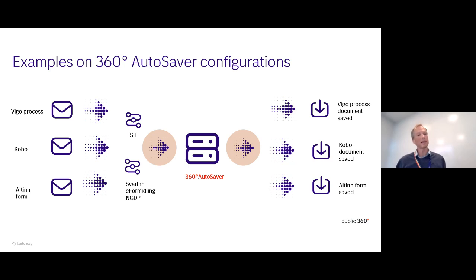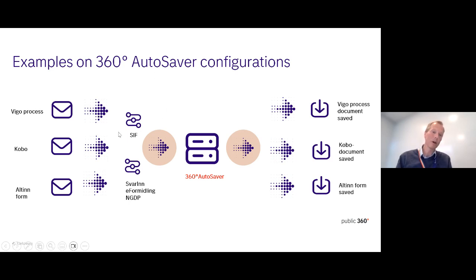So if we look a little bit more into this, the process here is that you get the documents from different sources, and the documents are coming in through the unregistered document list through different APIs.